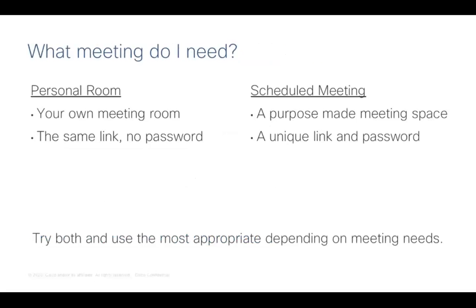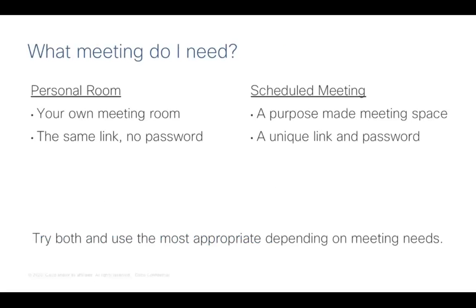Now, you might be asking, what's the difference and what meeting do I really need? Most likely, with the cases that you'll be dealing with, you probably want a scheduled meeting. So the ways that I've shown you today, using the tool online or adding a WebEx into your Outlook, will provide you with a scheduled meeting.